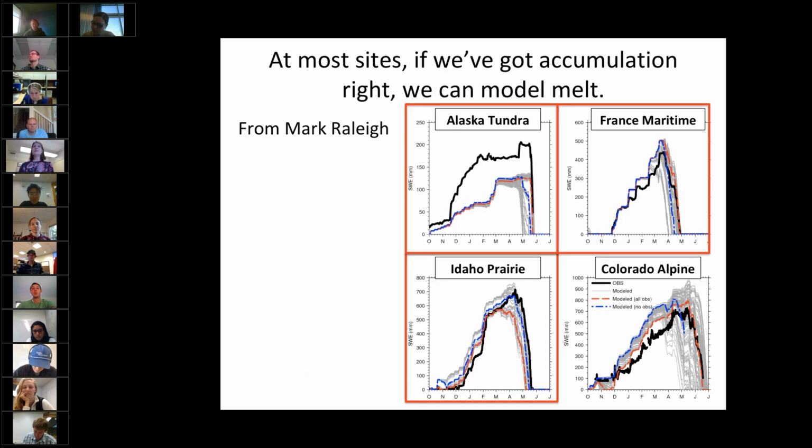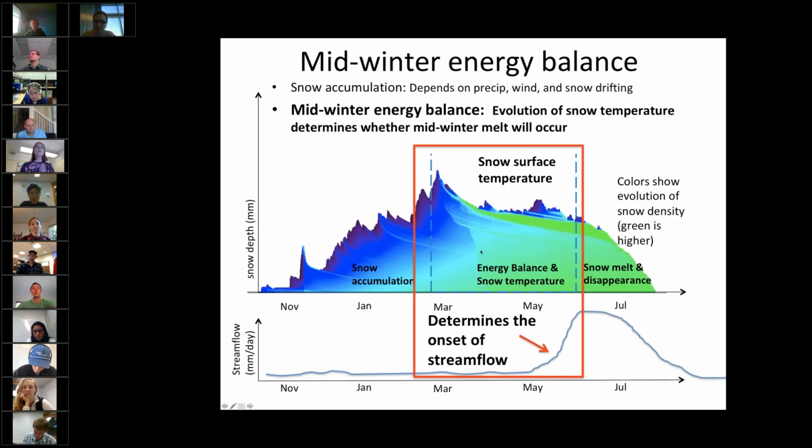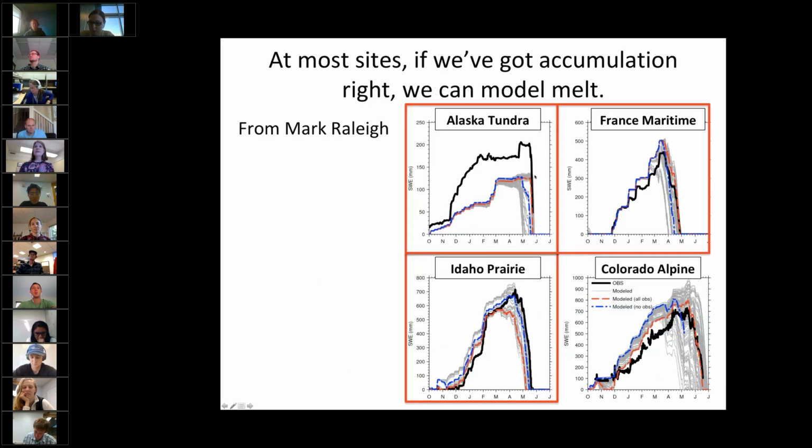The other thing to note is where they all start diverging right here. Can you guys see my pointer? Yes. So you can see that it's right here where melt starts. They all kind of agree on the melt, and when melt starts is when they have problems.